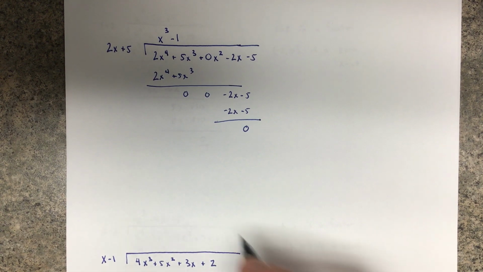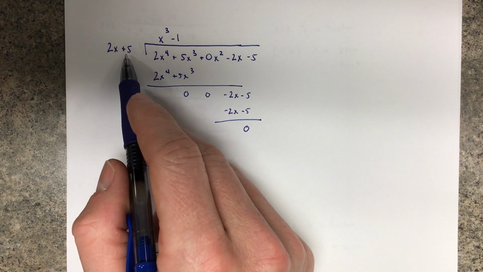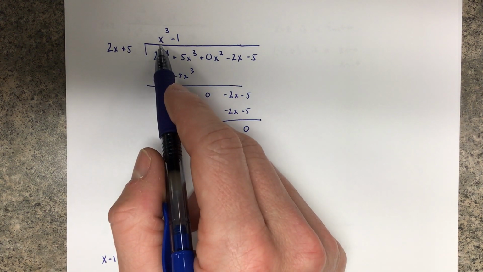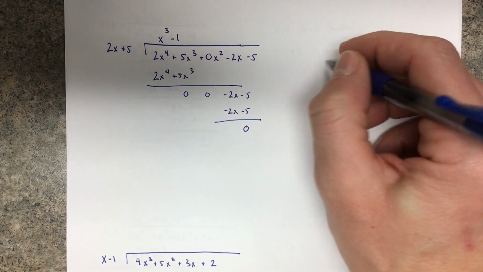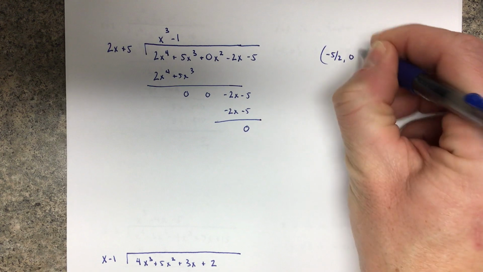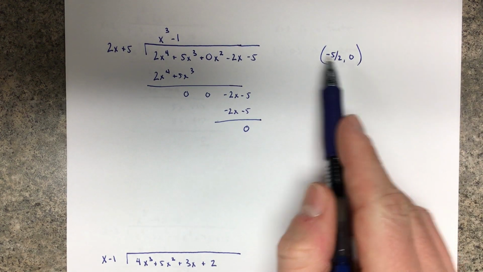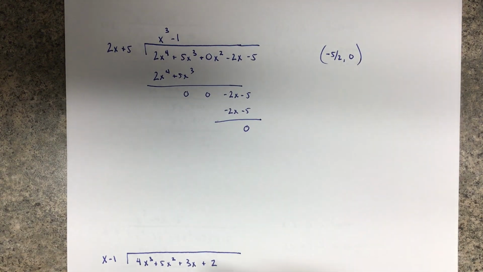And again, all you're saying is that this polynomial, if you factor out a 2x plus 5, you're going to get an x cubed minus 3. And again, once we know this guy's a factor, that means that negative 5 halves comma 0 is the 0. This 0 and that factor are the same thing. Okay? All right, let's do one more.